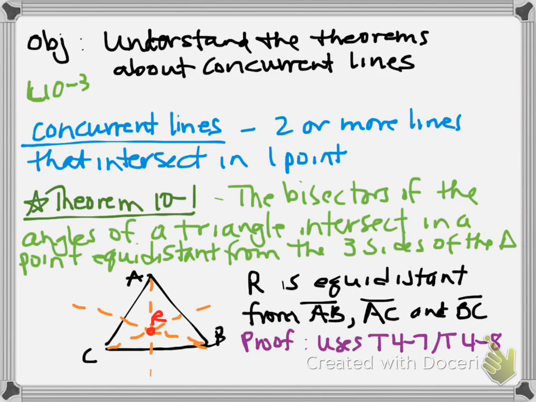And to refresh your memory, theorem 4.7 says, if a point lies on the bisector of an angle, then the point is equidistant from the sides of the angle. And if a point is equidistant from the sides of an angle, then the point lies on the bisector of the angle. So back from chapter 4 is going to help us prove this out. Okay? So that's the first one. Next one.